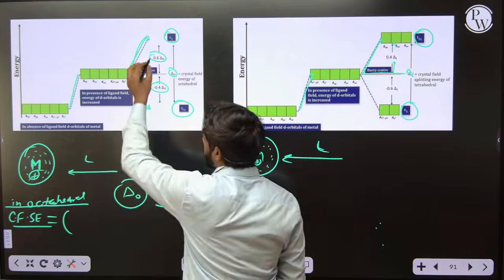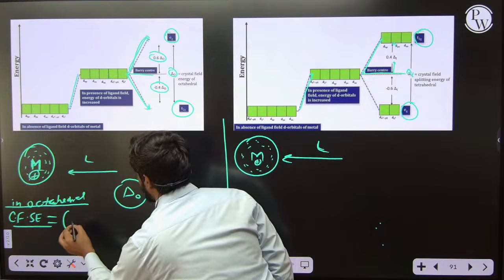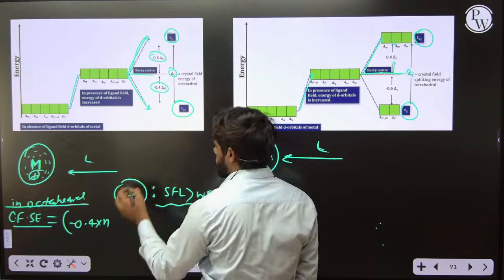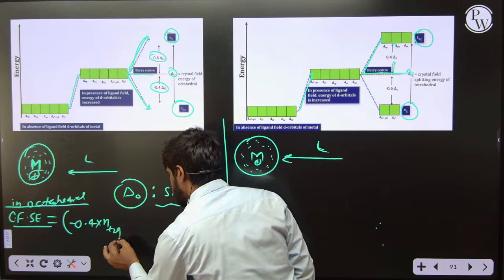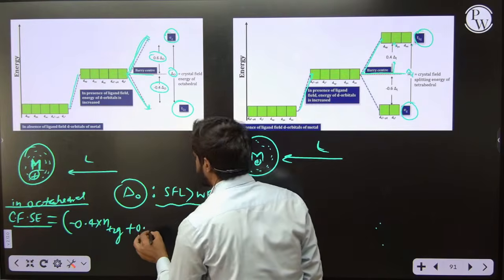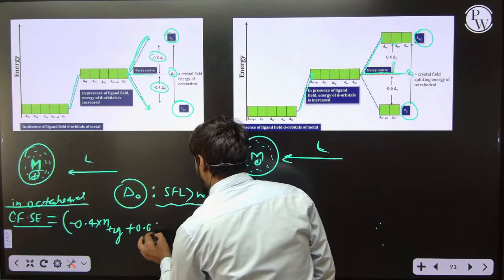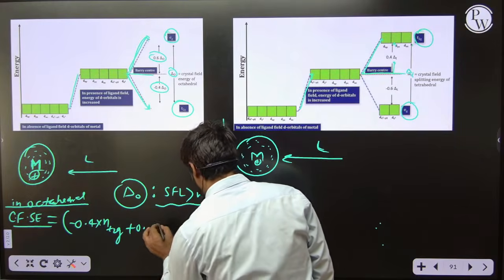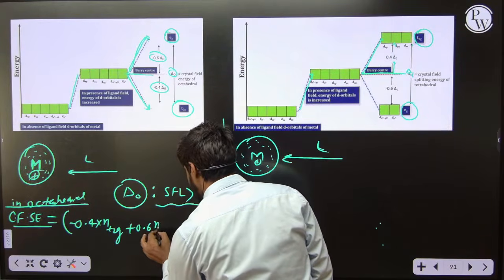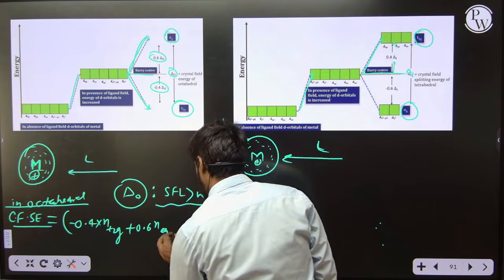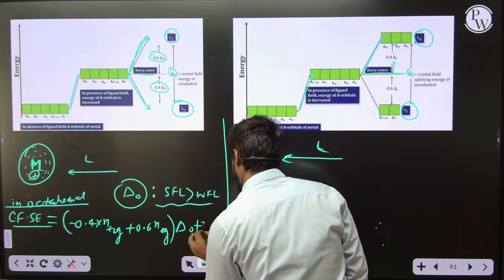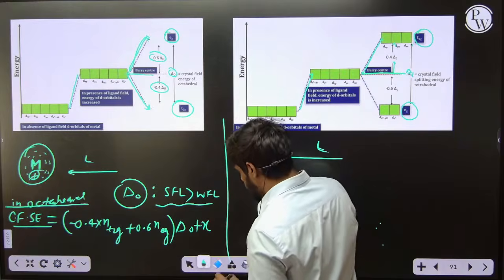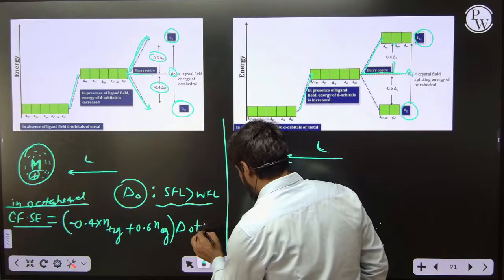In case of octahedral, it is minus 0.4 into the number of electrons in the t2g, plus 0.6 into the number of eg electrons into delta O, plus x into the pairing energy, where x is the number of unpaired electrons.